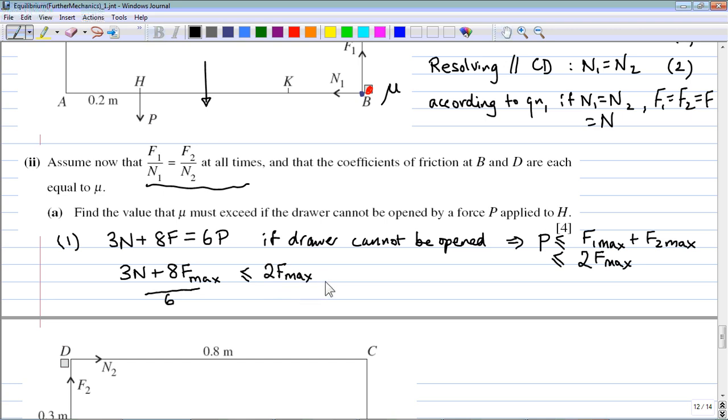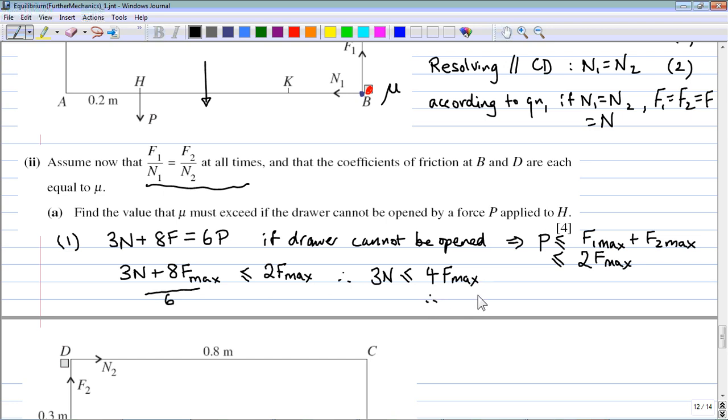And we can see from this that we've derived a relationship between the maximum friction and the contact force. So therefore 12 minus 8 gives me 4, doesn't it? So 3n is less than or equal to 4F max.